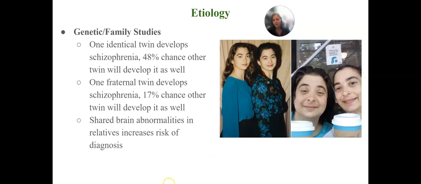If you click on this picture, it'll take you to a news story about these particular twins who are both suffering from schizophrenia. They're actually living on the streets of New York. They're both homeless, which is not uncommon. As we know, a good chunk of our homeless population does suffer from mental illness. Schizophrenia in particular can put you at great risk because the family may be completely at a loss on how to care for you.